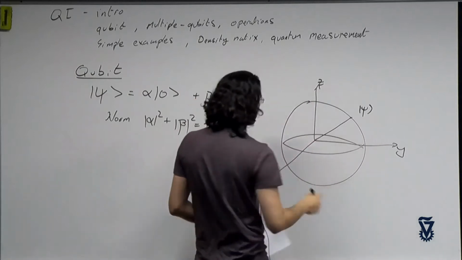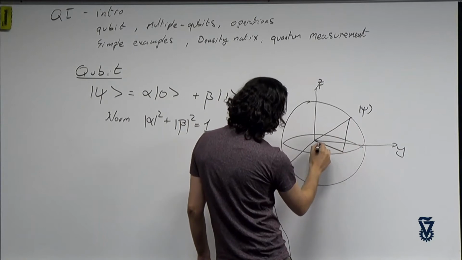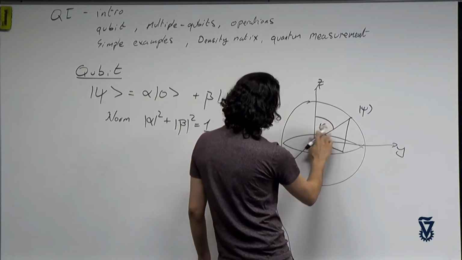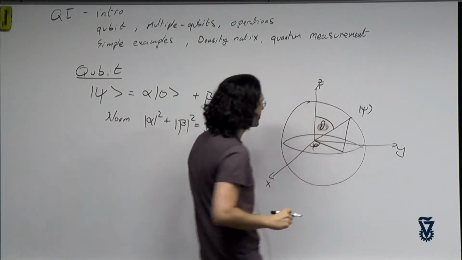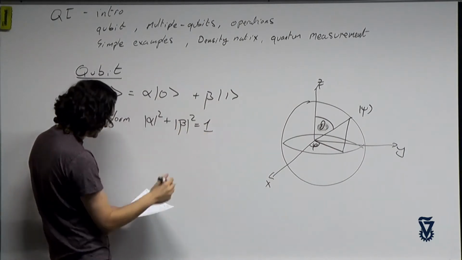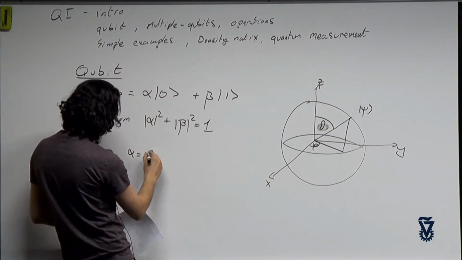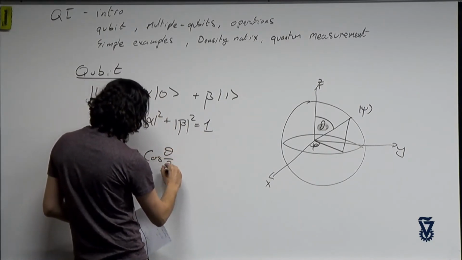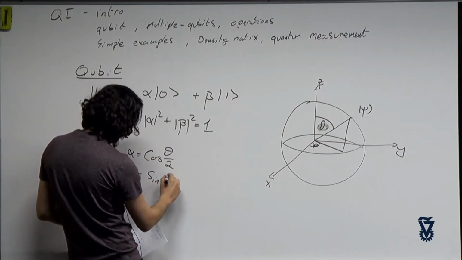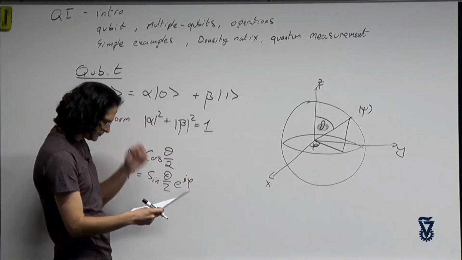We could define some angle phi and angle theta with respect to z, and then you can parameterize alpha and beta. Alpha you could parameterize as cosine theta over 2, and beta was parameterized as sine theta over 2 times e to the i phi.